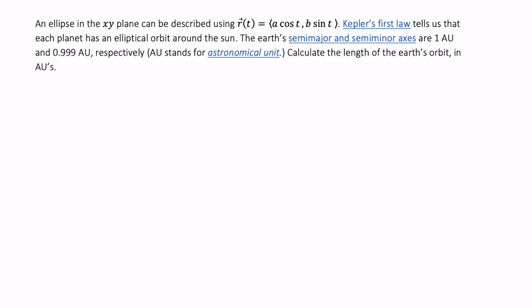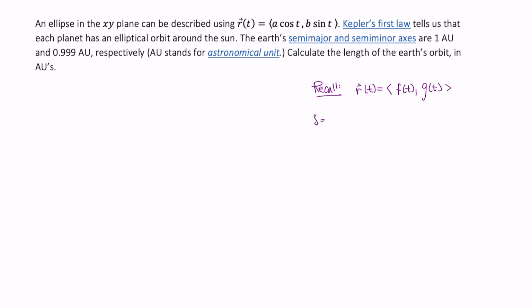So before we go further, recall that given a vector valued function of this form, we have an x component named f and a y component named g.